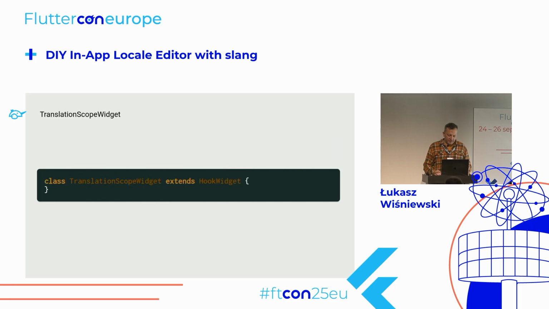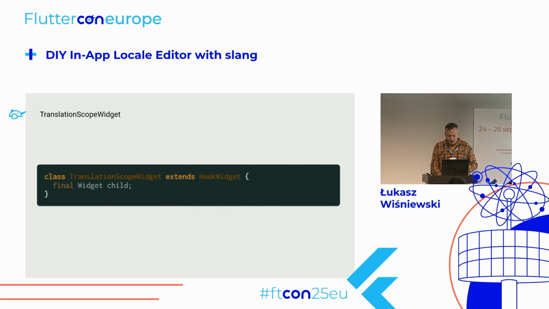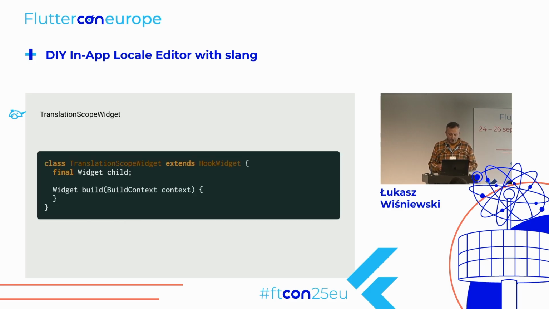The last piece of the puzzle is putting it into the widget tree. So we define a widget with a child. The child is the widget we want to observe. Then we need to implement the build method, which will give us the right context.